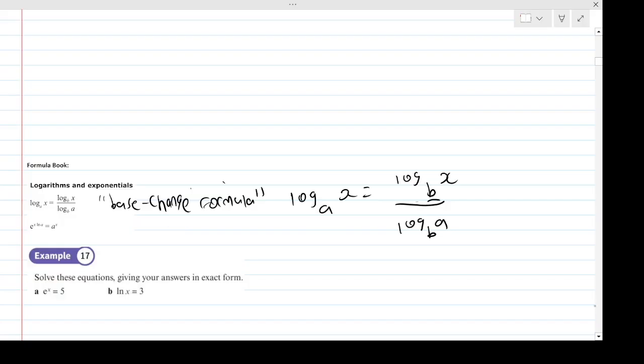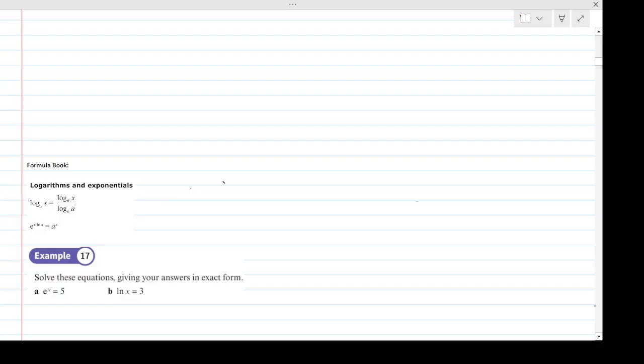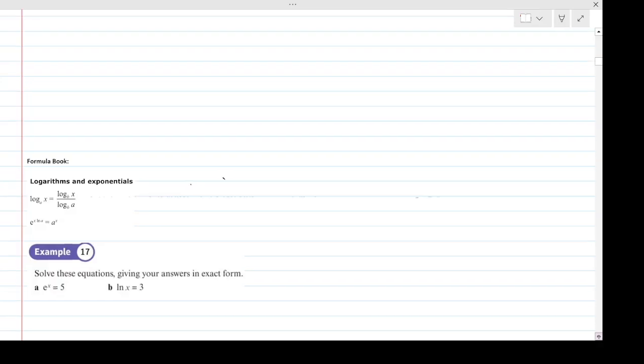You might find it handy for some question maybe, but you won't be expected to use it or even know it really. It's just there to help. But if you see that formula in the formula book, don't freak out. It's just there to help, but it's not really in the course. So let's have a look at some questions then.